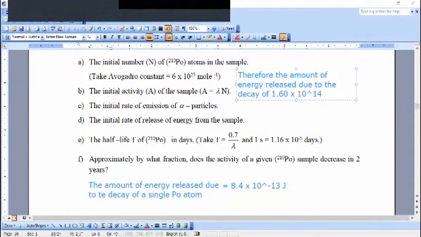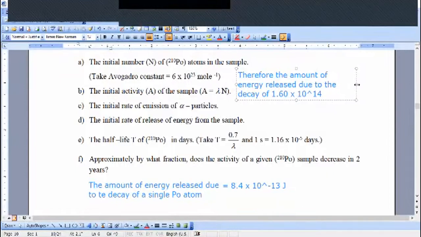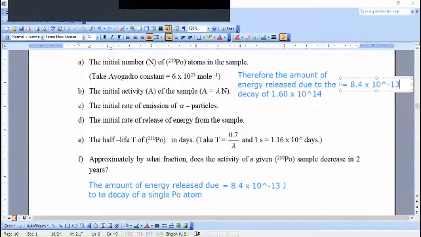So therefore, the amount of energy released due to the decay of this many polonium atoms equals, a single atom will give us 8.4 into 10 to the power minus 13. That is the amount of energy given by one atom.